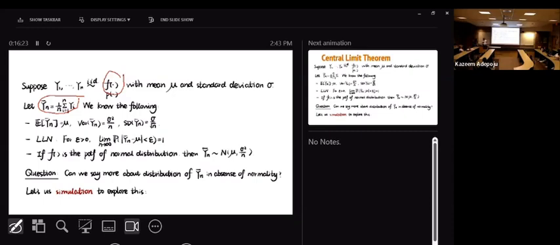Now, if I want to figure out the expected value of the sample mean, I've demonstrated that, right? The expected value of y bar is going to be mu, and the variance of y bar is going to be sigma squared over n, because we used the linearity of expectation and the linearity of the sum of the variance.